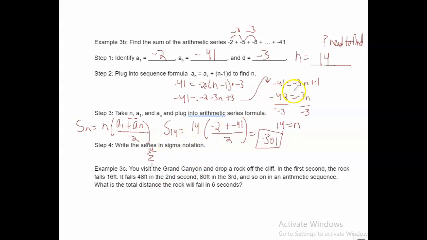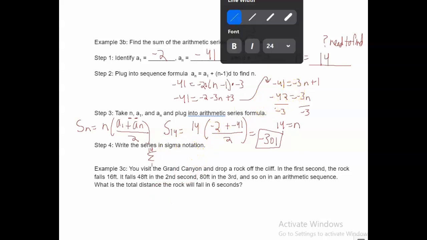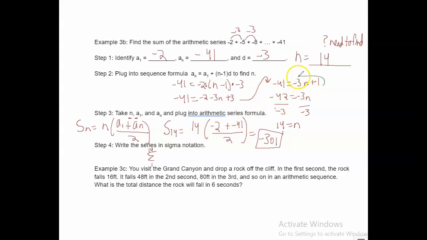And we found that, I'm going to use a different color, when we did our An equals A1, which was -2 plus n minus 1 times -3, this simplified to -3n plus 1. So that's like the operation that we're performing. So we're summing the first to the 14th of -3n plus 1.